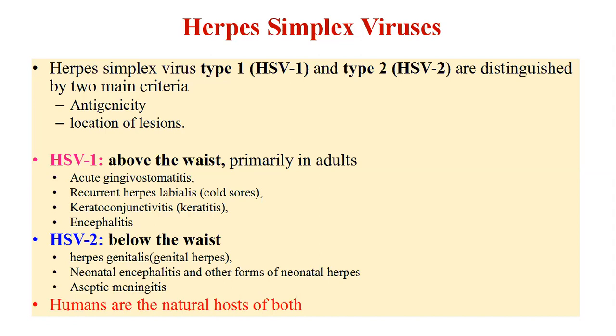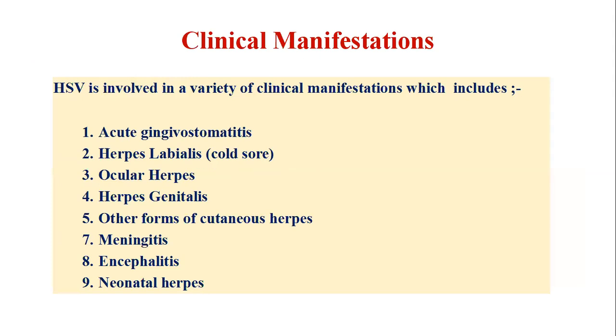But whatever the clinical manifestations, whatever the location of lesions, both these types of viruses use humans as a host. Today, through this lecture, we will cover the infection caused by HSV1. So these are the clinical manifestations caused by herpes simplex virus.